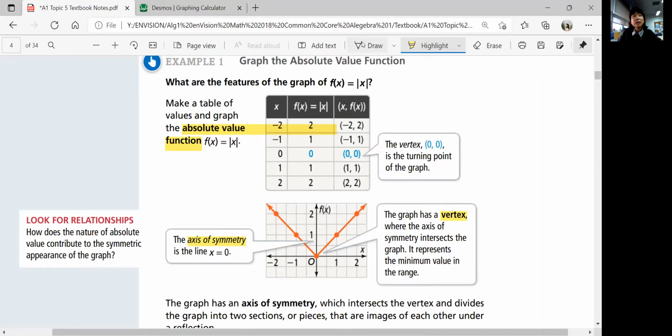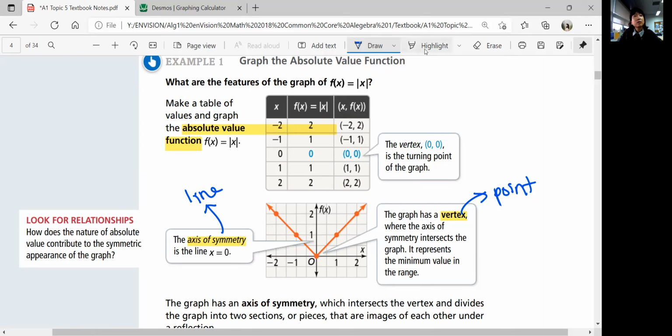So vertex is going to be your point. Vertex is a point. It doesn't have to be 0, 0. It could be any point, but that's the turning point of your graph. Axis of symmetry is a line.